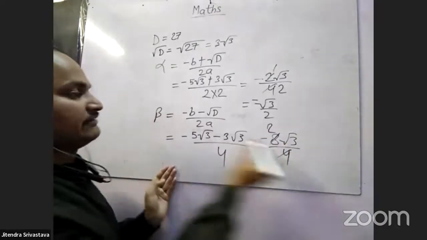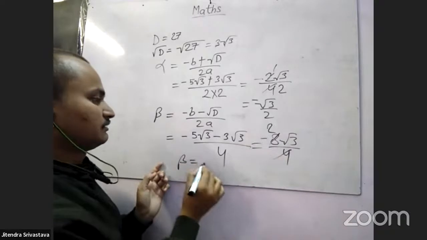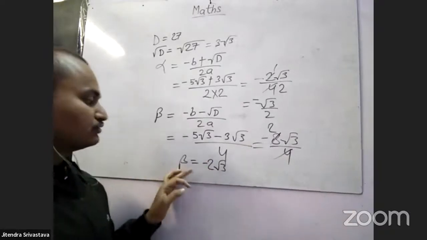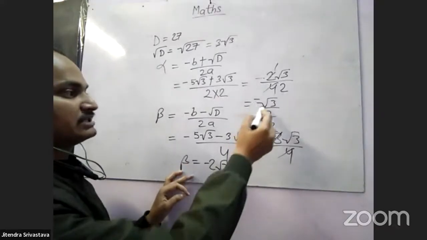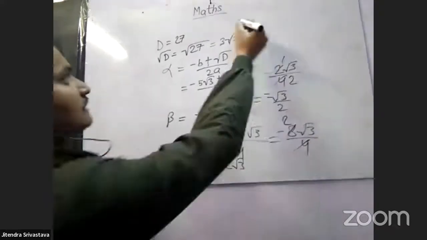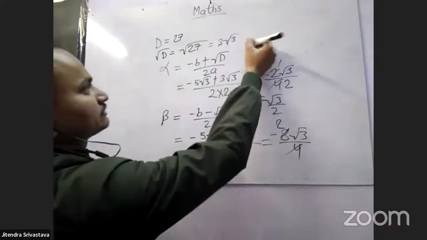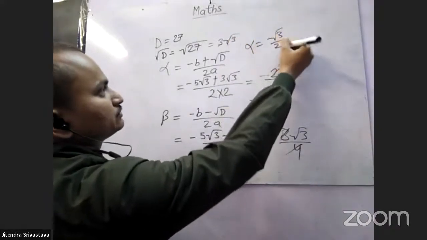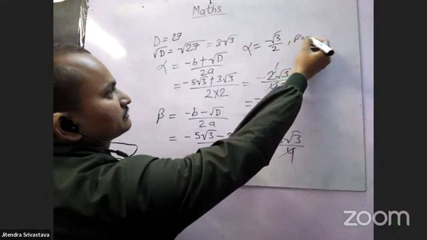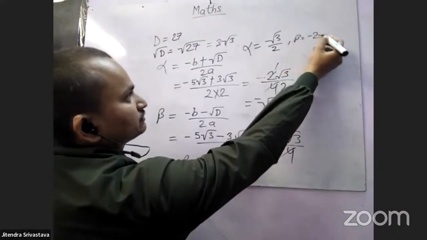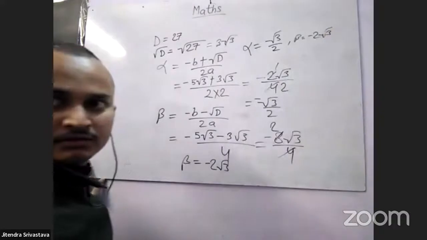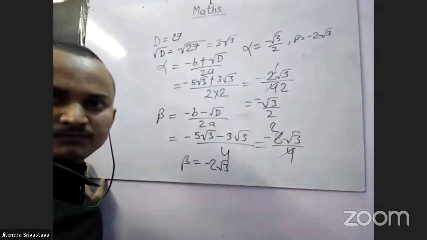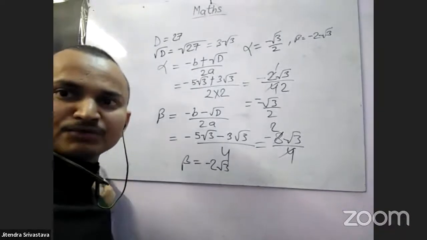So the value of beta will be minus 2 root 3, and the value of alpha will be minus root 3 by 2. Okay. I hope you have understood this session.